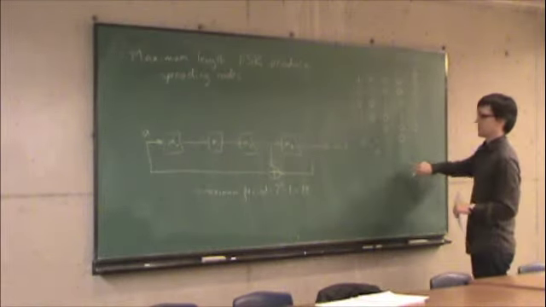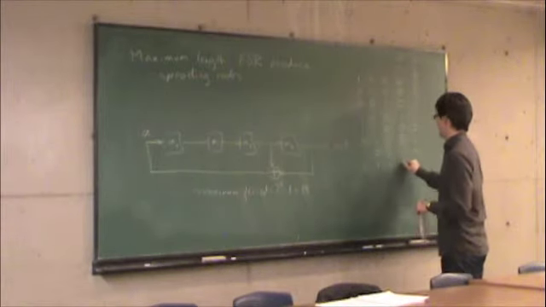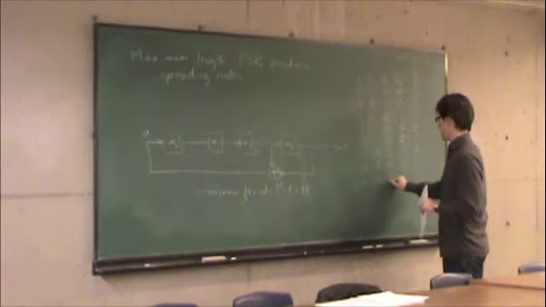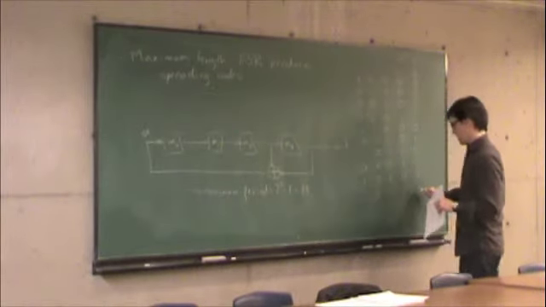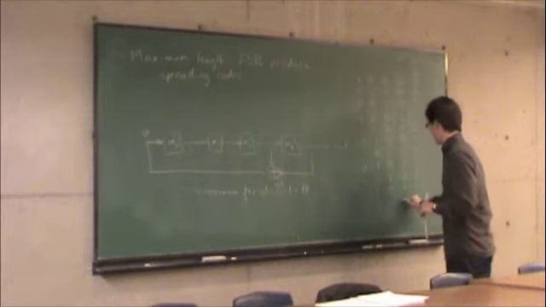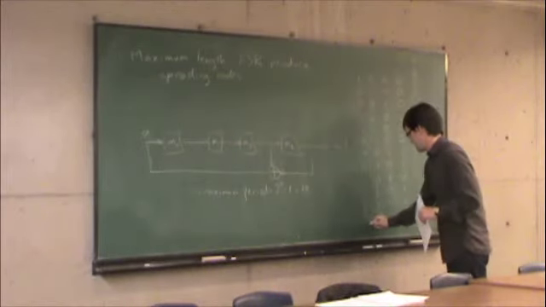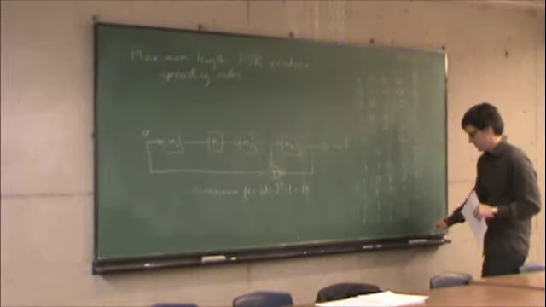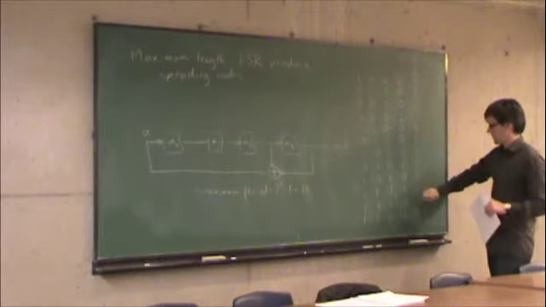Now it is 1 plus 1 is 2, mod 2 is 0. Now it is 1. Now it is 1. Now it is 1. Now it is 1. 1 plus 1 is 2, mod 2 is 0. How am I doing here? 1, 2, 3, 4, 5, 6, 7, 8, 9, 10, 11, 12.